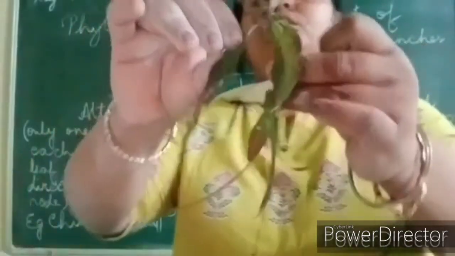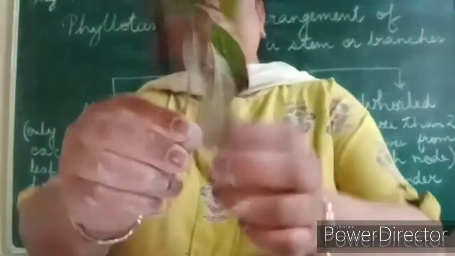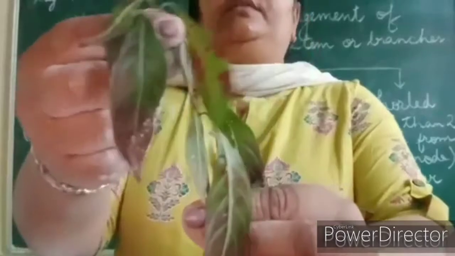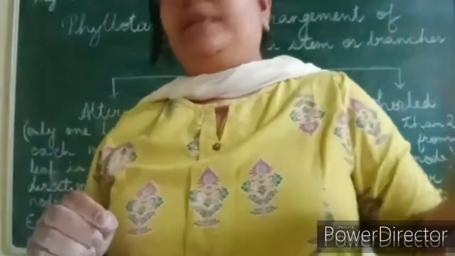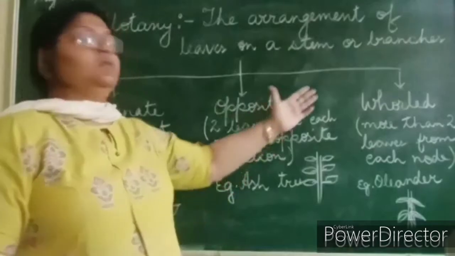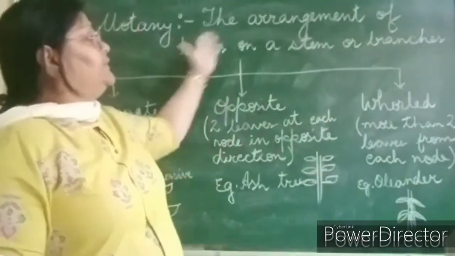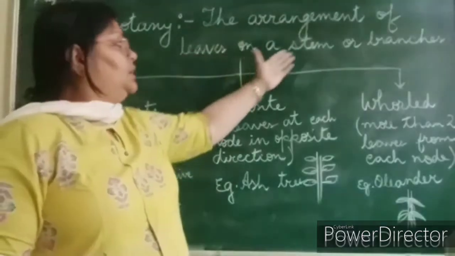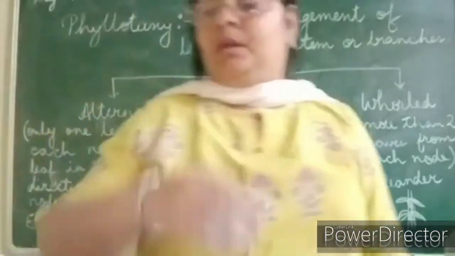At every node you'll find more than two leaves arising. Such a phyllotaxy is called whorled phyllotaxy. Clear? Alternate phyllotaxy, opposite phyllotaxy, whorled phyllotaxy. And what is phyllotaxy? The arrangement of leaves on a stem or its branches.